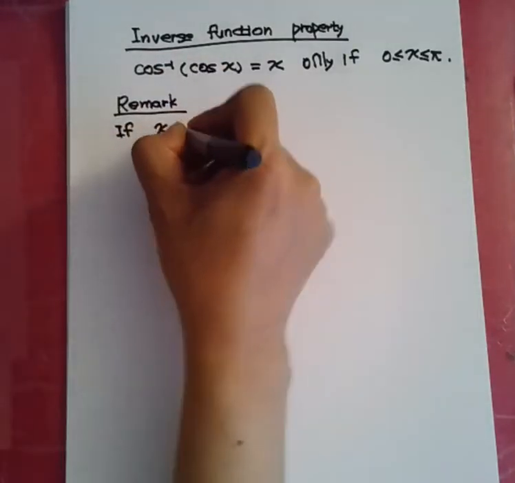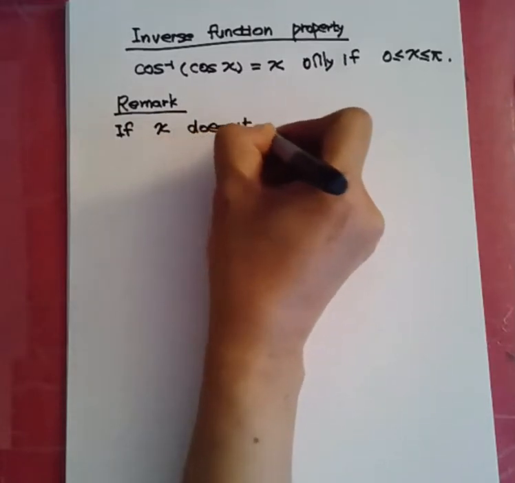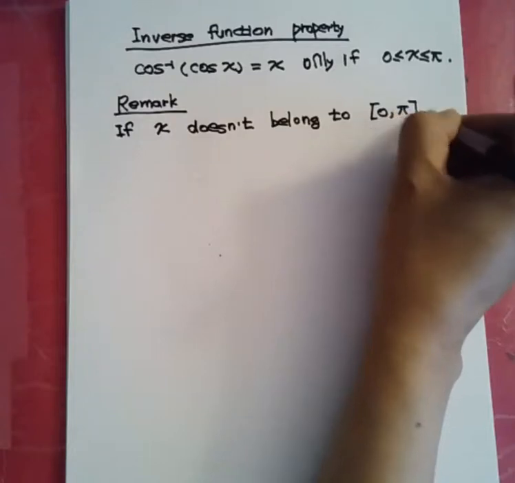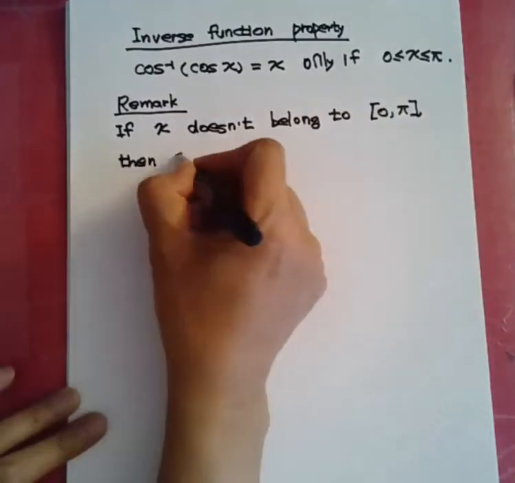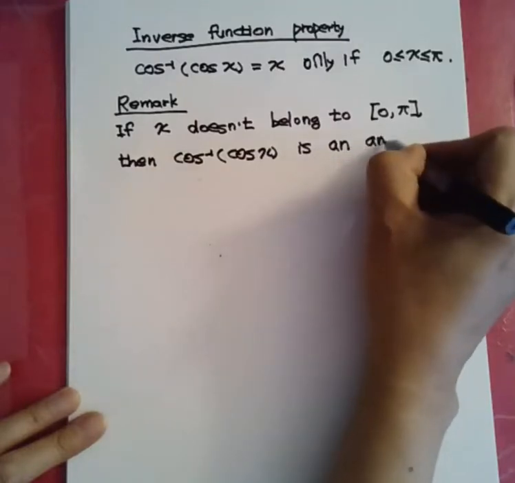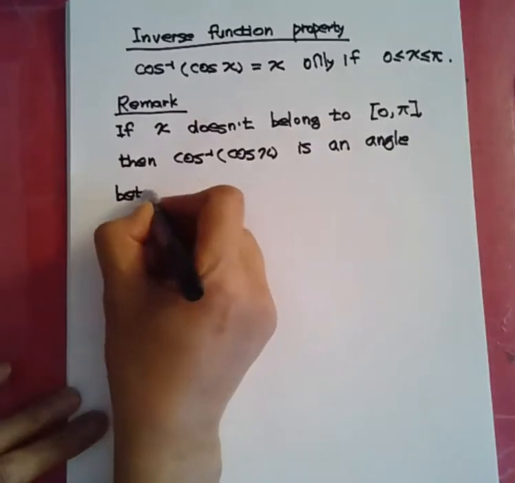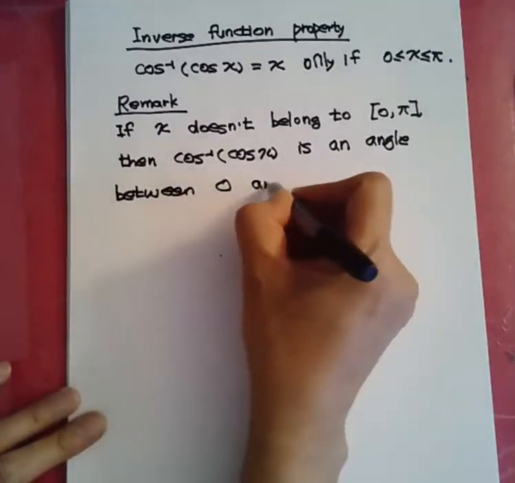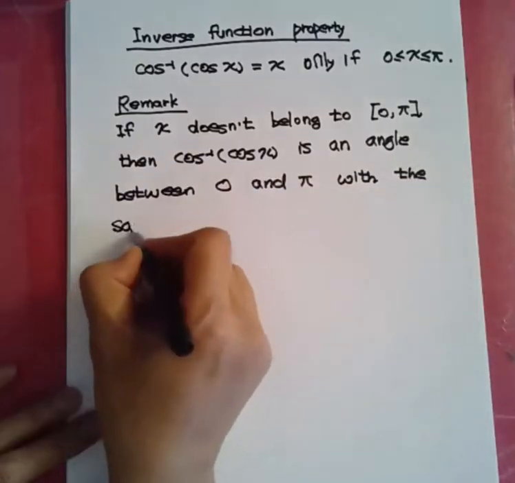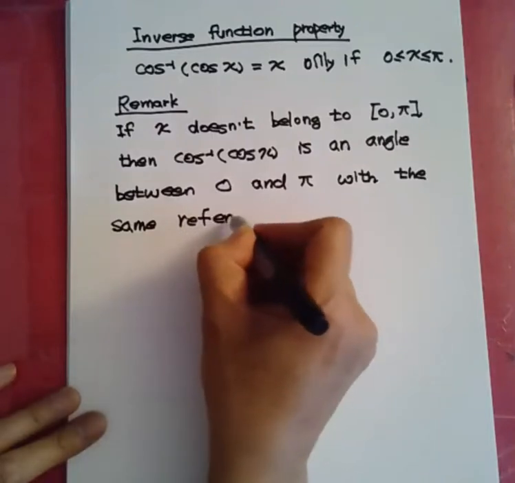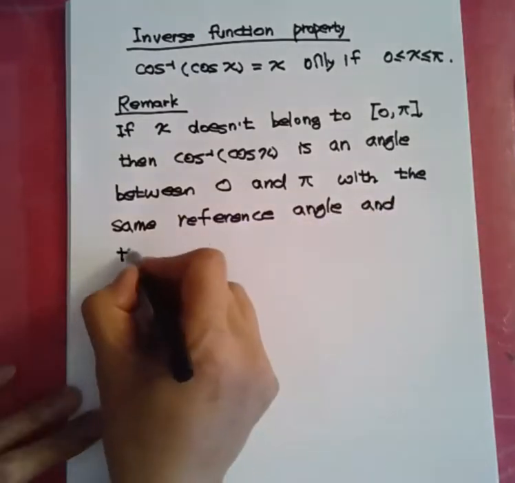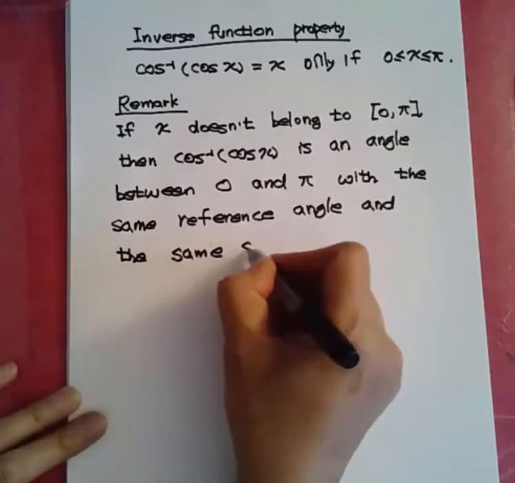Let me write: if x doesn't belong to 0 and pi, then cosine inverse of cosine of x is an angle between 0 and pi with the same reference angle and the same sine.